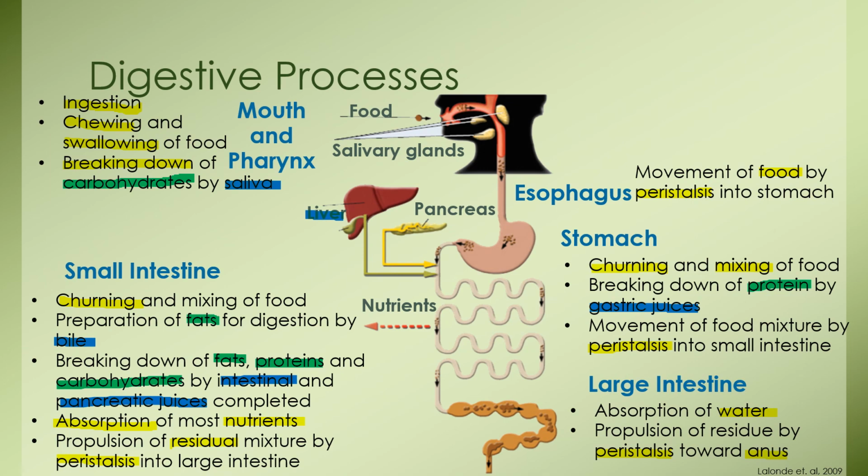Small intestine, churning also, and preparation of fats for digestion by bile, breaking down fats, proteins, and carbohydrates by the intestinal and pancreatic juice, absorption of most nutrients, and propulsion of the nutrients to the large intestine. And in the large intestine, it happens the absorption of water and propulsion of residue by peristalsis to anus to be eliminated.